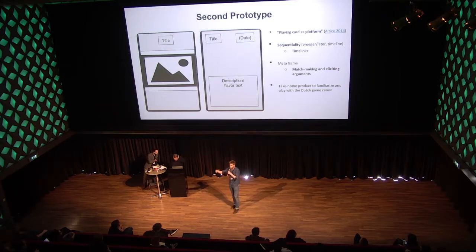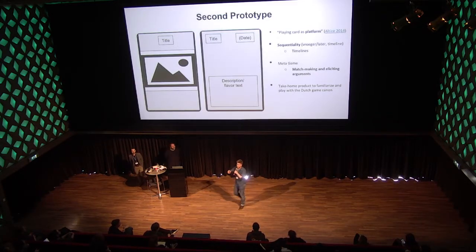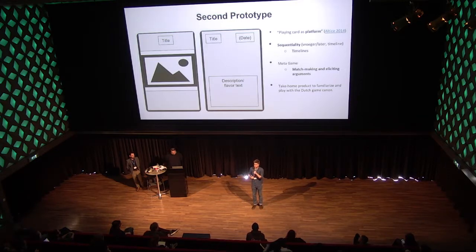But we can also think about other matchmaking mechanics, of course, on the basis of genre or other aspects. I don't know if you're familiar with the meta game. Has anyone ever played the meta game? A few people? The meta game was made by, among others, Eric Zimmerman, a famous game scholar you may know. It's very much an argumentative game.